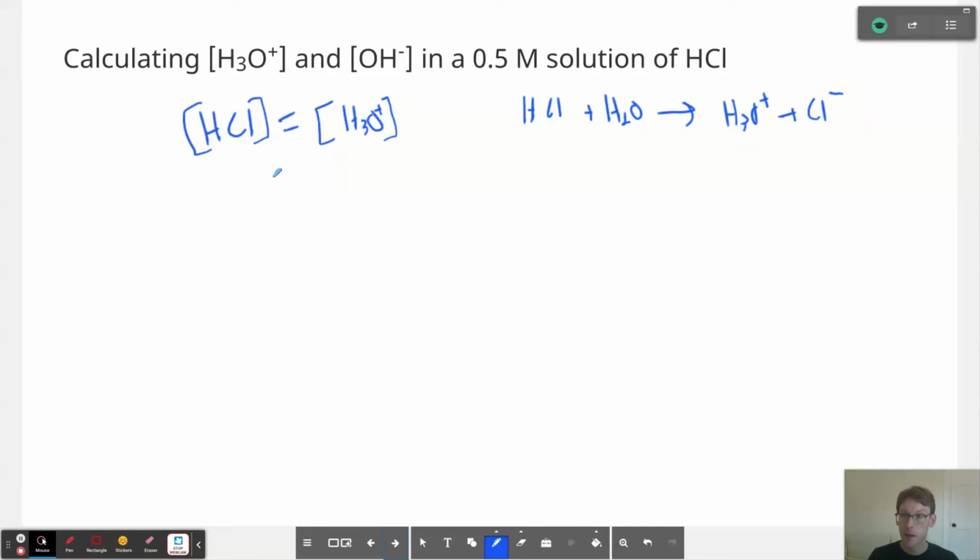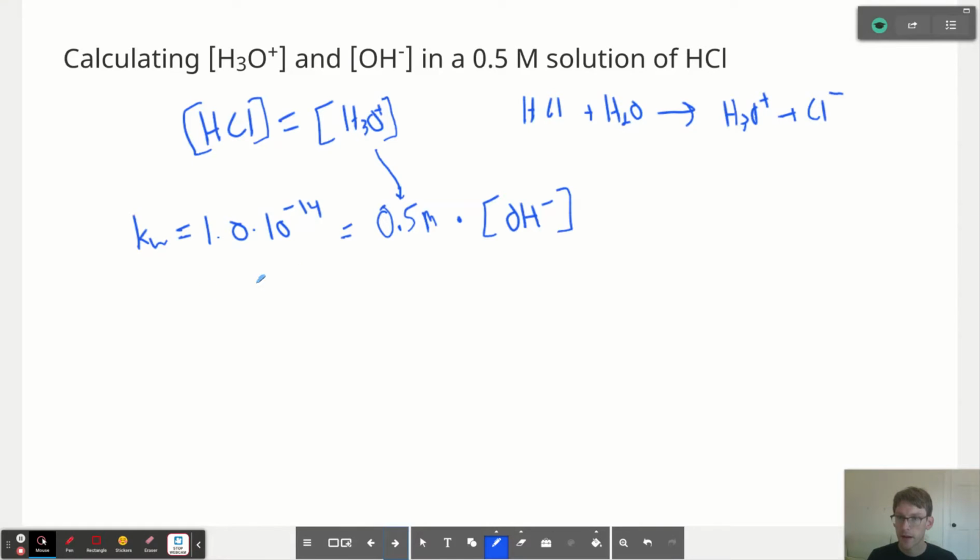Based on that assumption, we can use the Kw, which is equal to 1.0 times 10^-14, and this is equal to 0.5 molar, the concentration of H3O+ in this case, times the concentration of OH-.